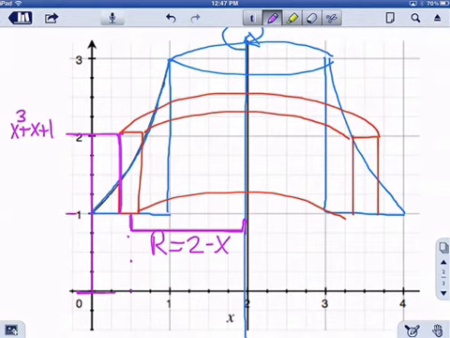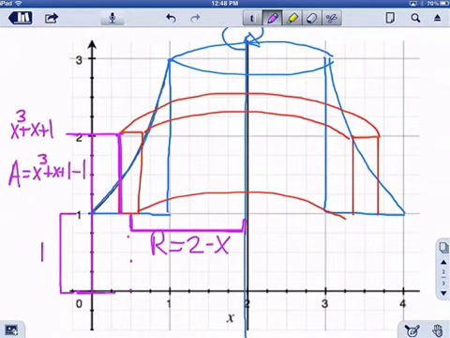We also know that this distance from here to here equals 1. So if we want the actual altitude, it's going to equal the function x cubed plus x plus 1 minus the 1 right here, and so it's actually just x cubed plus x. Okay, so that is our altitude right there.